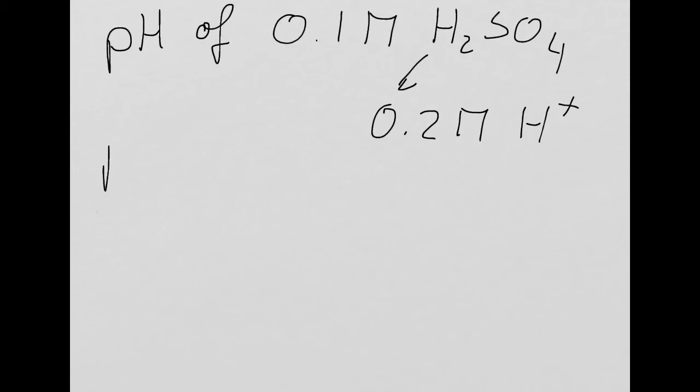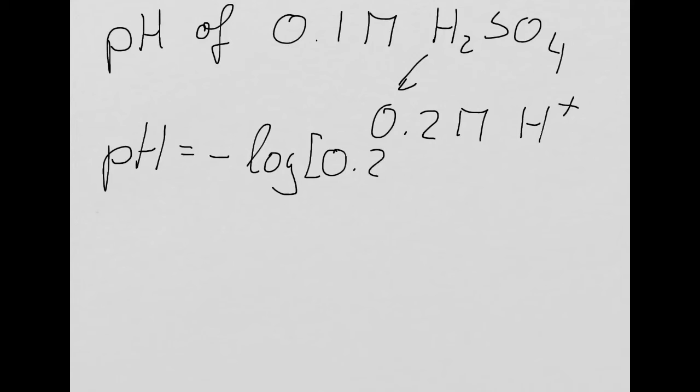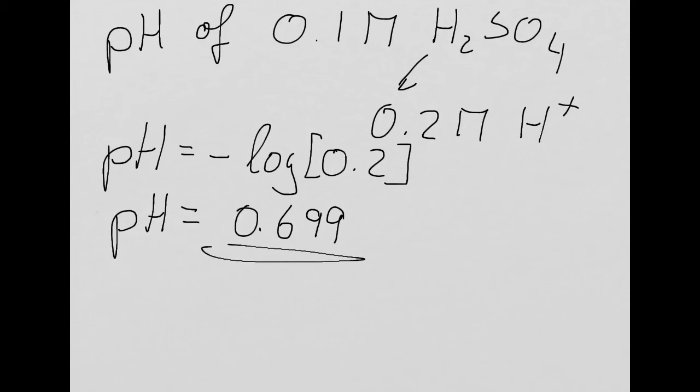So therefore, my pH equals minus log of 0.2. What does that give you? pH equals, what does it give you? 0.699 or 0.7 or something like that. Absolutely right. So that's the pH.